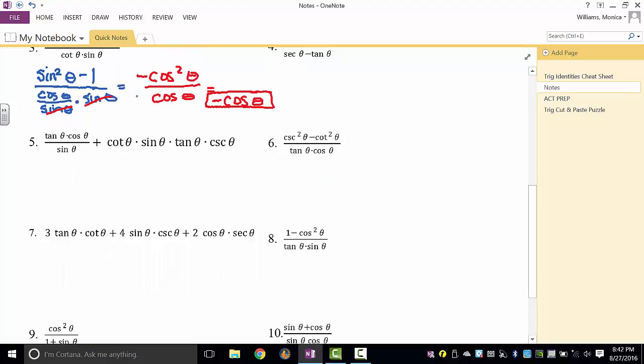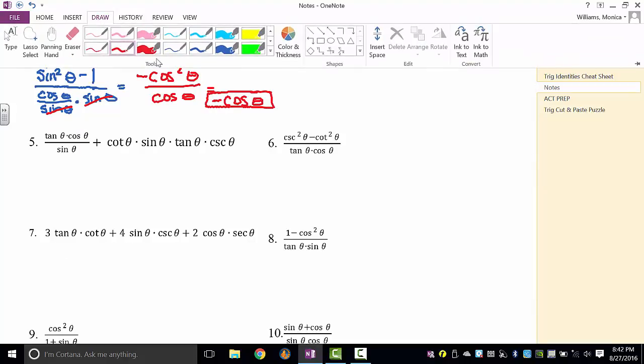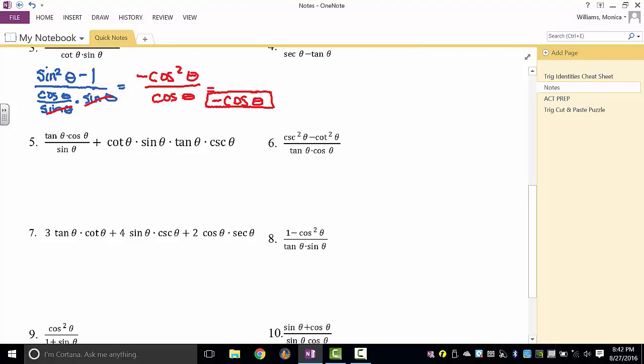Number 5. Replace tangent with sine over cosine. By the way, if you don't want to write the thetas, you can change those to x's. It's fine with me. If you get tired of writing theta, you can replace all your thetas with x's.